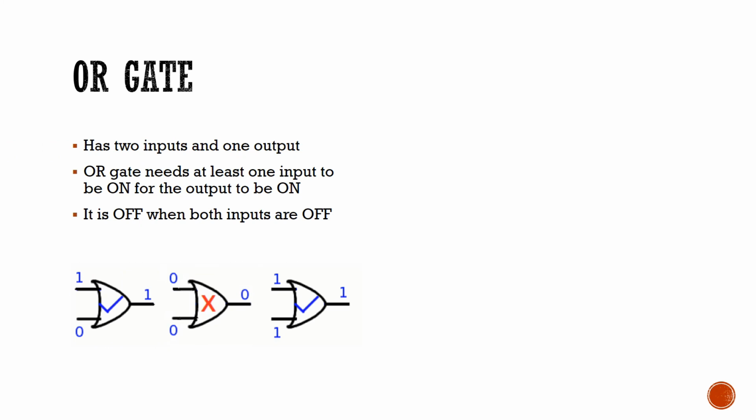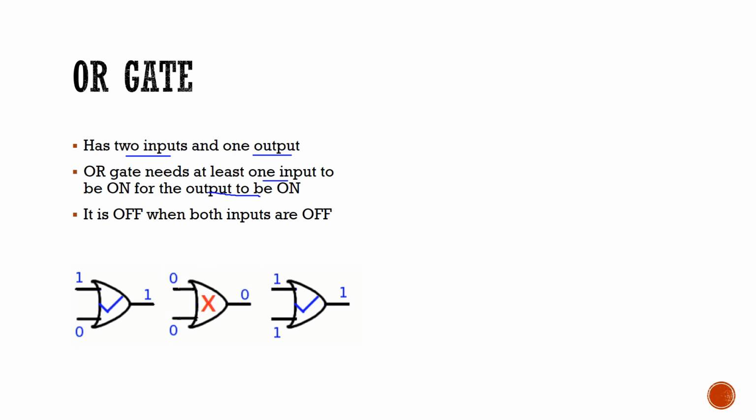We move to the next, which is the OR gate. Unlike the NOT gate, it has 2 inputs and 1 output. The OR gate needs at least one input to be on for the output to be on. So if both inputs are off, the output will be off. That's the condition.